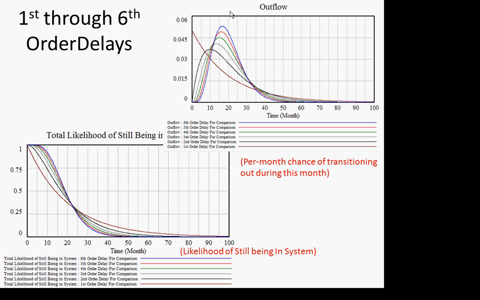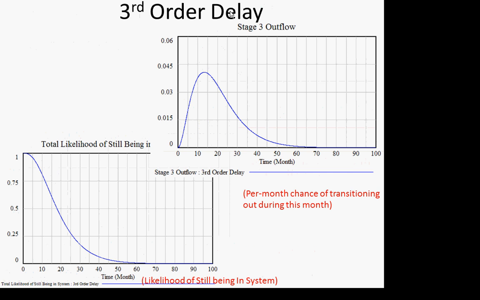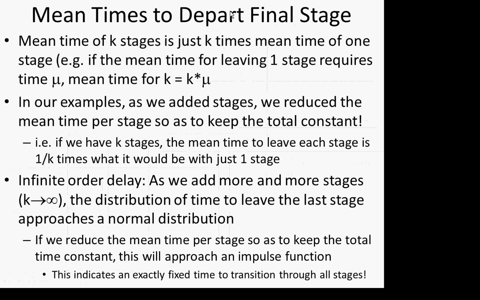Now, it turns out that as we add in stages, we reduce the time to keep the total time constant, and as we let k go to infinity, the distribution of time to leave the last stage approaches actually a normal distribution.